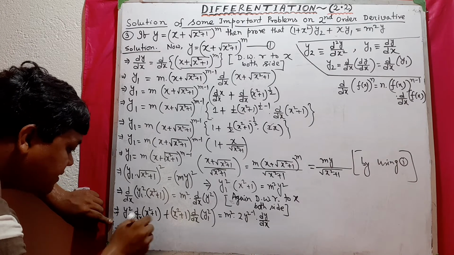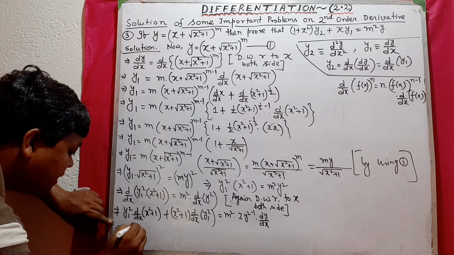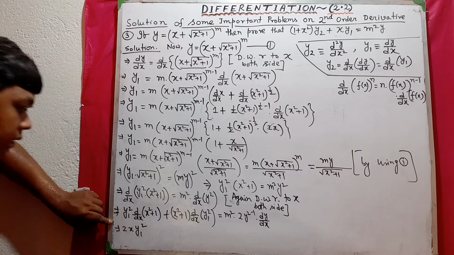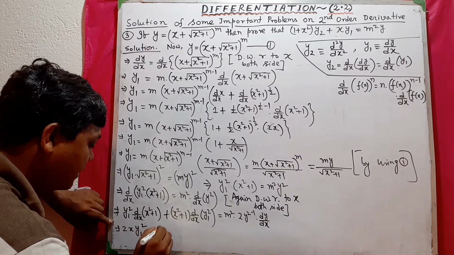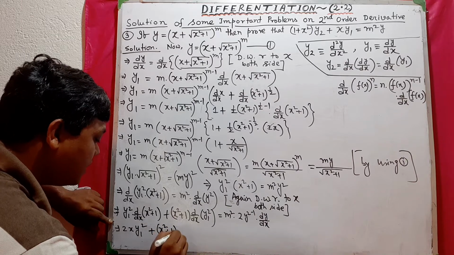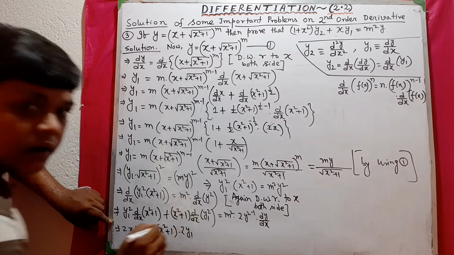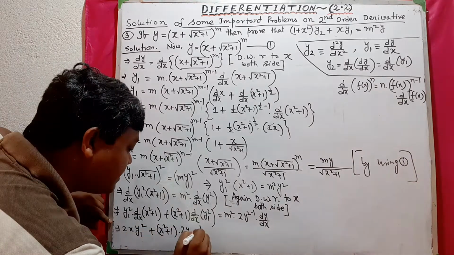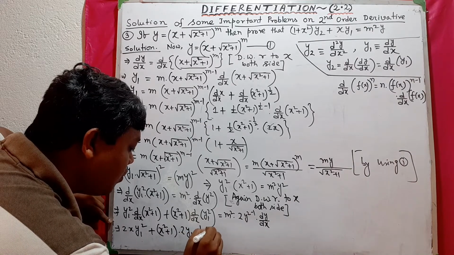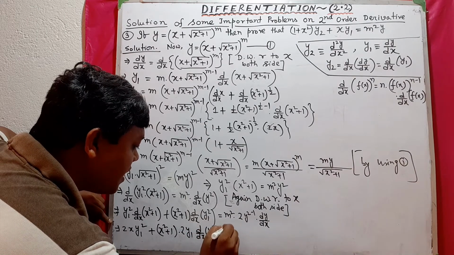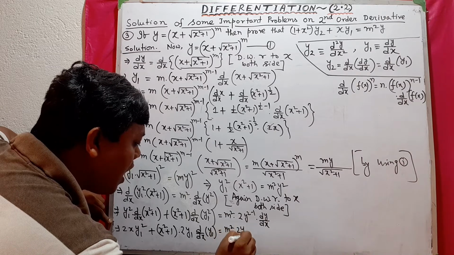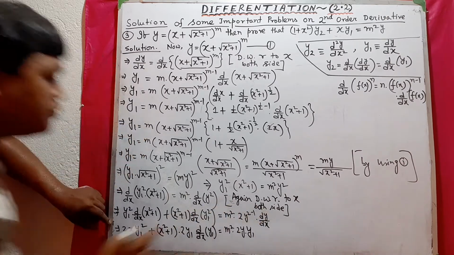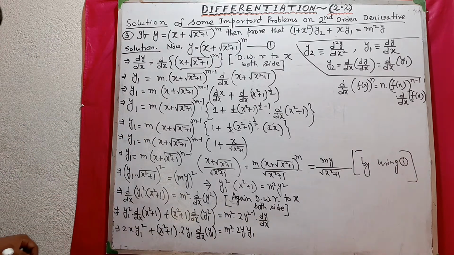So this is 2x y1 square plus x square plus 1 into 2 into y1 d/dx of y1 equals m square 2y into y1. Just put down dy/dx equals y1.